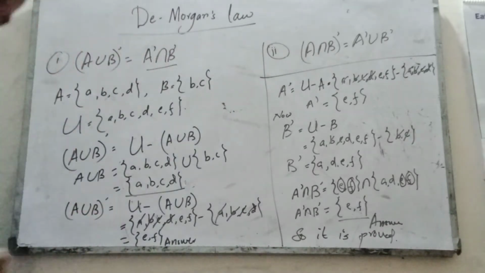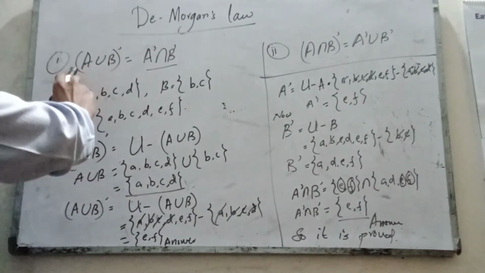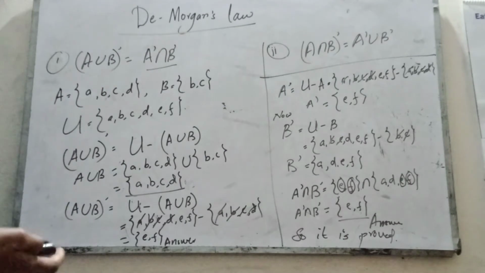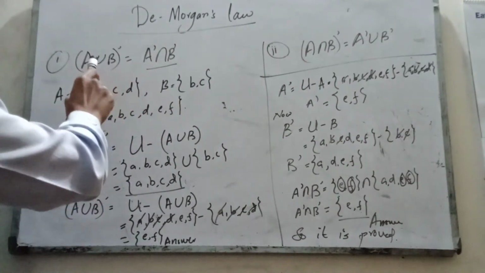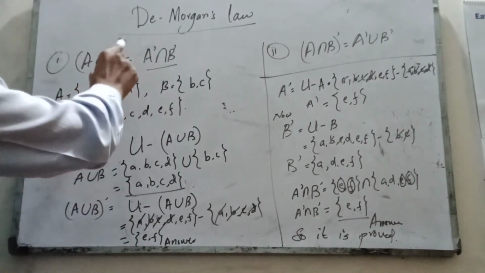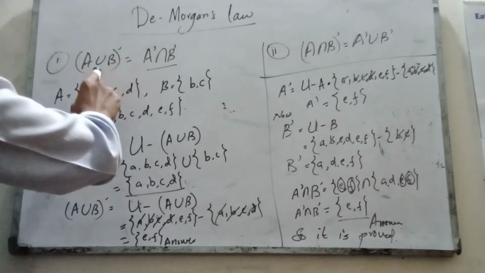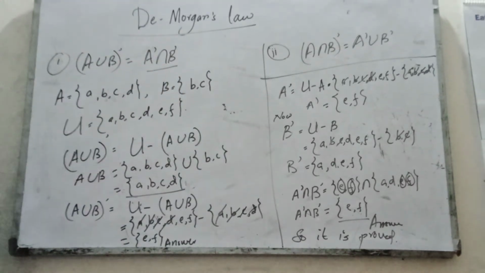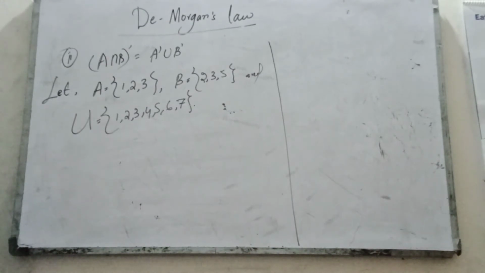You can take any values for this; it is not mandatory that you have to use only the A and B sets. You can assume other sets, and you just have to remember the formula: where you put complement, where you put union, where you put intersection. These are important. We have proved the first law.